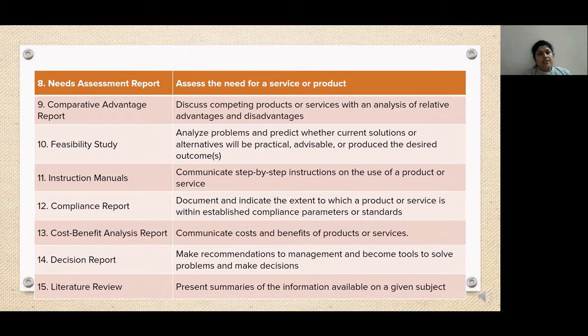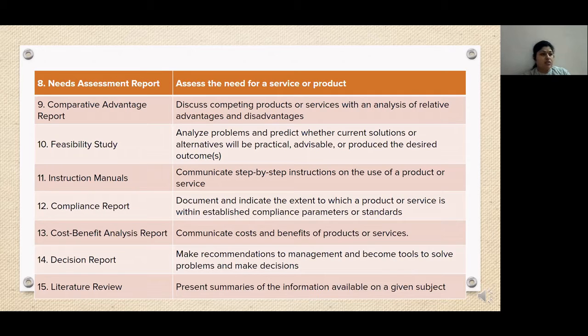Then whether it is advisable on certain parameters, whether the loan will be granted, whether the rate of interest will be enough or not, whether the product which we are thinking of will be produced or not, and the desired outcomes. Then there are lots of feasibilities: financial reports, technical feasibility, financial feasibility.